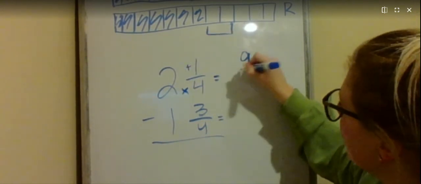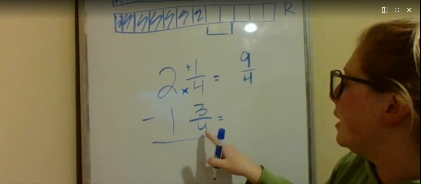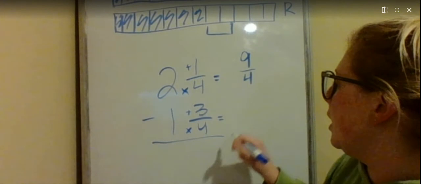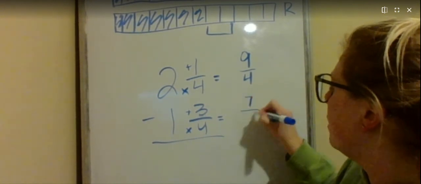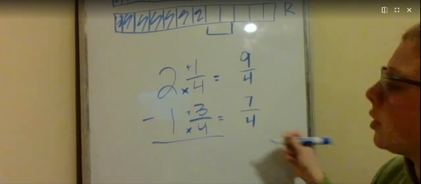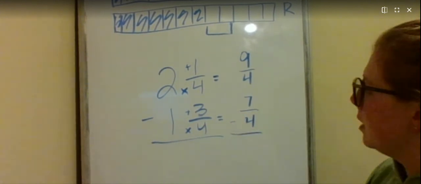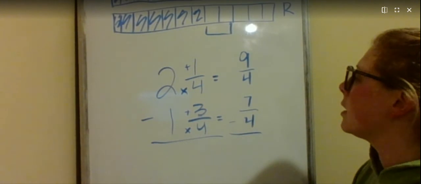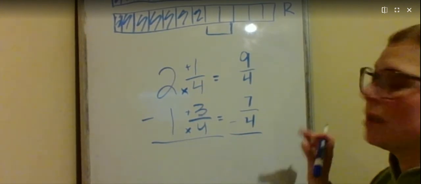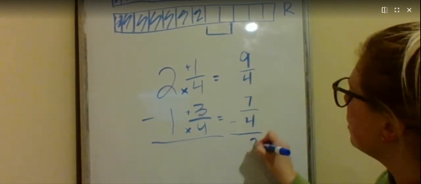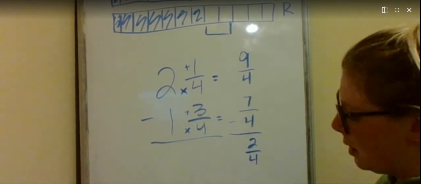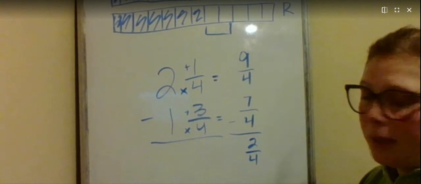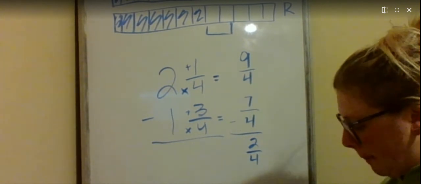So I have 9/4, and then this one would be 4 times 1 is 4, plus 3 is 7. 7/4. And then I could subtract 9/4 minus 7/4. 9 minus 7 is 2, and we're talking fourths. And again, I would take either that or a half. Okay, let's try one more.